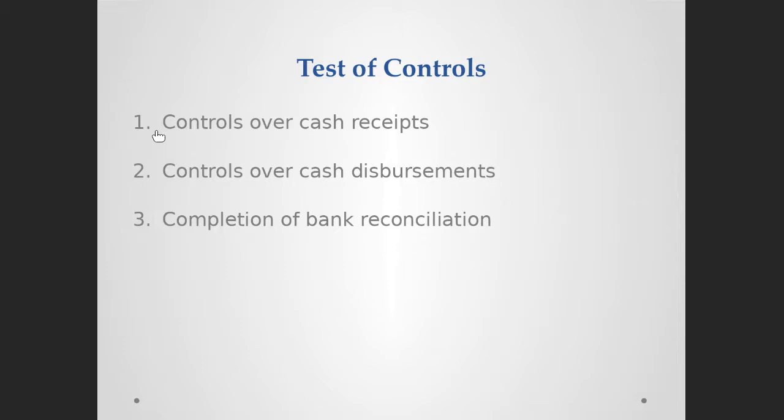This is covered when you do the test of controls in the revenue process. Remember revenue process, chapter 10? The segregation of duties and the different steps in the test of controls in the revenue process take care of this. Okay? The second set of controls is on cash disbursements.